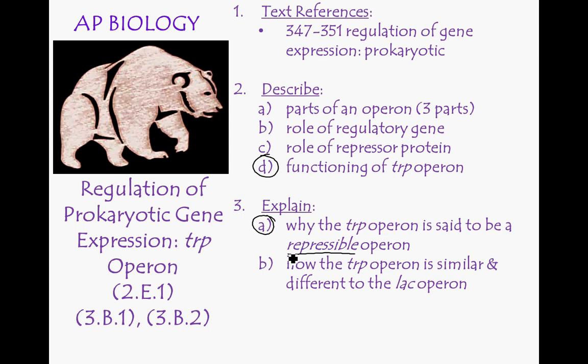Hint: answering this question here and on the lac Operon one, you have to look at the regulatory gene and the repressor protein to give you a hint as to why one of these might be repressible and why one of those is inducible. So again, I'm asking you finally to compare and contrast the lac Operon and the trp Operon.